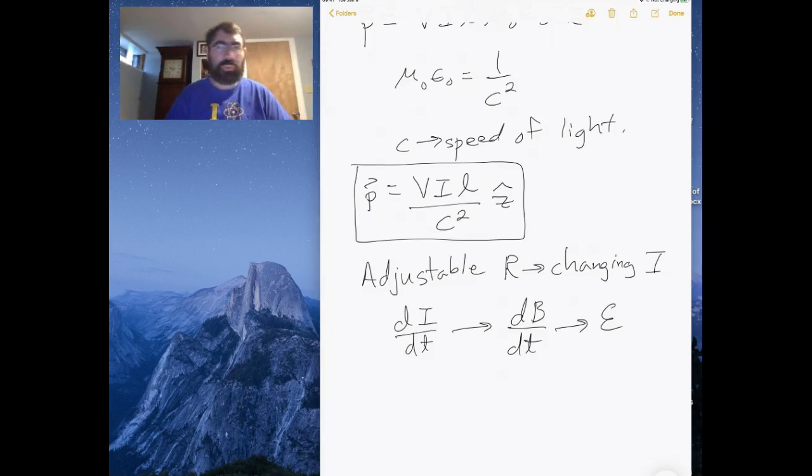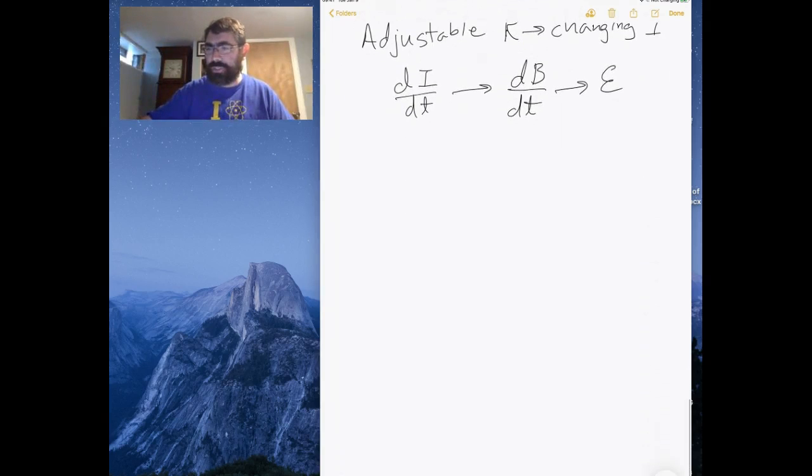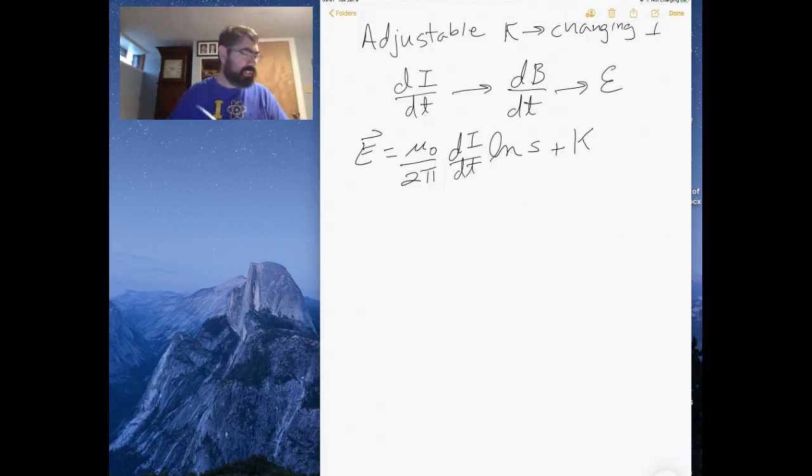So this was worked out in chapter 7, and if you go back to chapter 7 in the book, what we had was the electric field being created in this particular situation is mu 0 over 2 pi, the changing current with respect to time, natural log of the radius, plus a constant k. All of that is in the z direction.